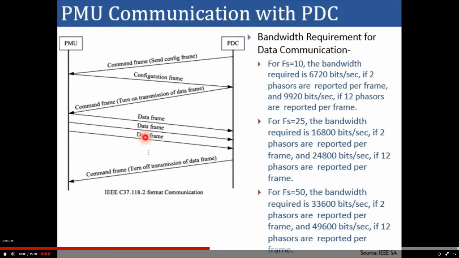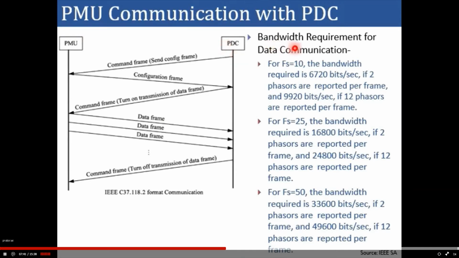So to increase the data transmission rate and make the data reporting rate very fast, instead of TCP, we utilize UDP for sending the data. Now, after a certain time, if PDC wants to stop PMU from sending the data, PDC will send a command frame again to turn off the data transmission. So this is how the data transmission happens between PDC and PMU.